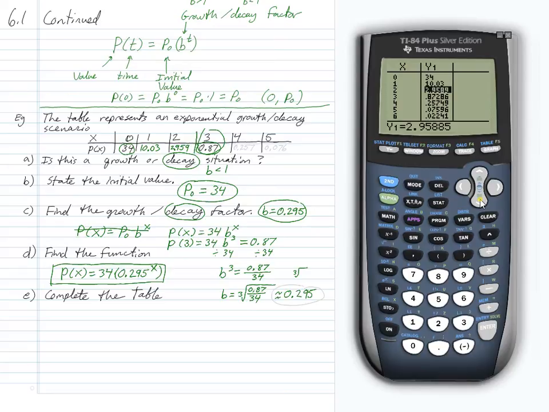It's a little bit off, but that's because we rounded our base. So if we plug in 4, we get 0.257. And if we plug in 5, we get 0.076.